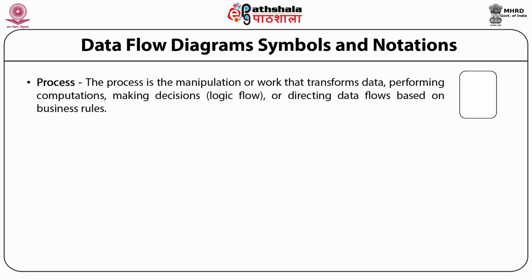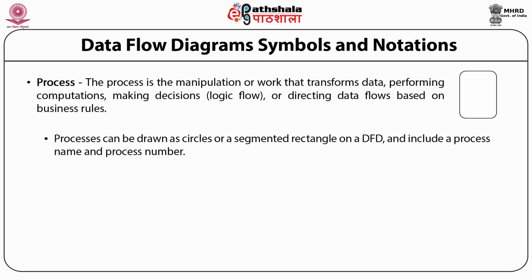Process names are, for example, simple verbs and data flow names such as submit payment or get invoice. Usually they describe the transformation, which can be performed by people or machines. Processes can be drawn as circles or a segmented rectangle on a DFD and include a process name and a process number.